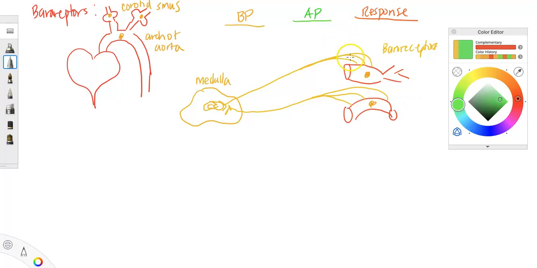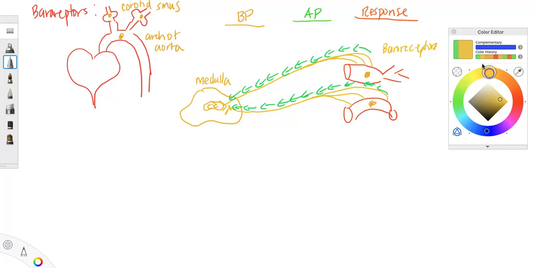So it's going to send action potentials based on the stretch it's feeling. So if it's feeling a lot of stretch, it's going to be sending a lot of action potentials. If it's feeling no stretch or little stretch, it's going to be sending fewer action potentials. Okay?